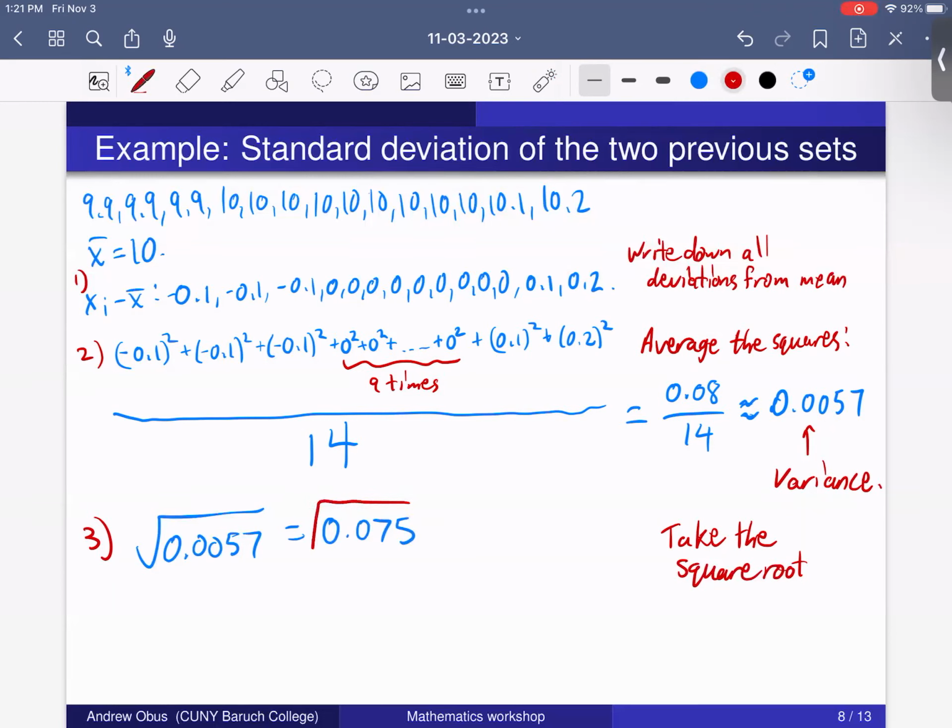So this is the standard deviation: we get 0.075. In general, the standard deviation will always be a little bit bigger than the mean absolute deviation. That's not so obvious, but in fact, it's true. Okay, so are there questions about how we carried this out?